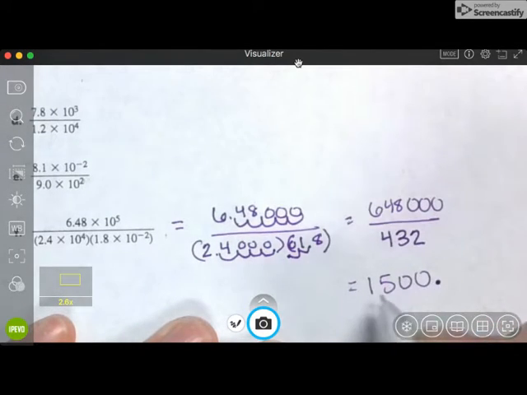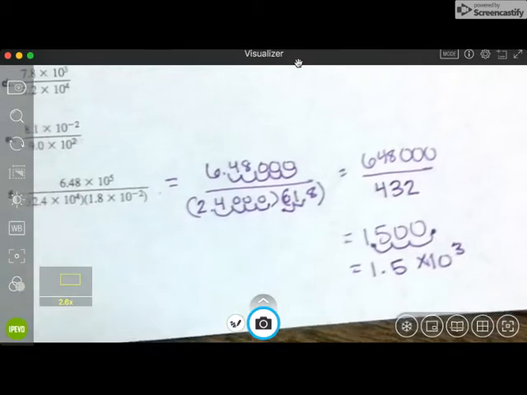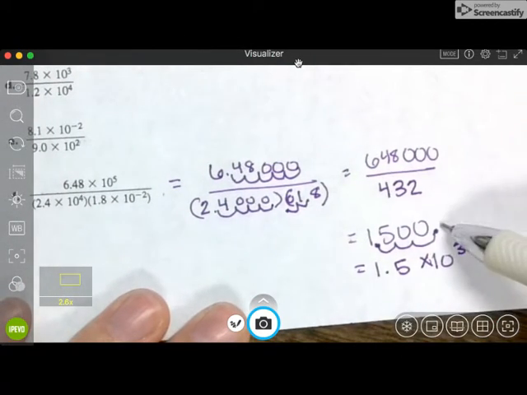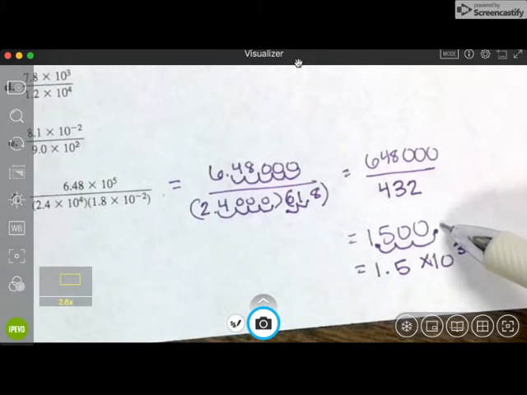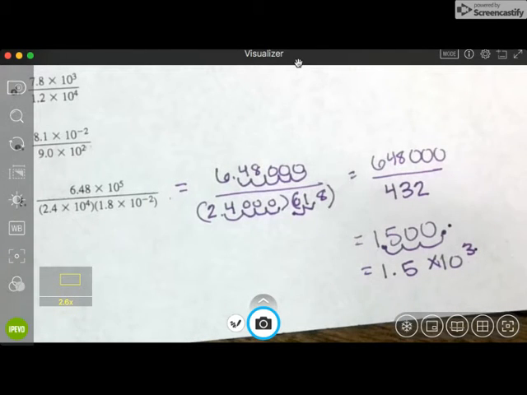My decimal's here. I want it here. Remember, if I'm going from scientific notation to the normal number, if it gets bigger, then the exponent's positive. If it gets littler, the exponent is negative. Okay? That's all that we are worrying about right now. Make sure that the rest of those get done, and we'll go through them if you still have any questions.